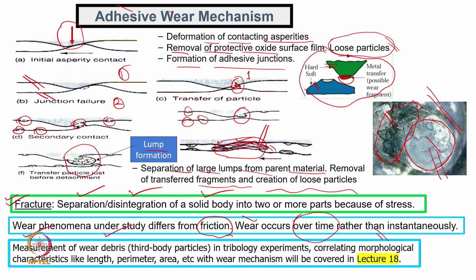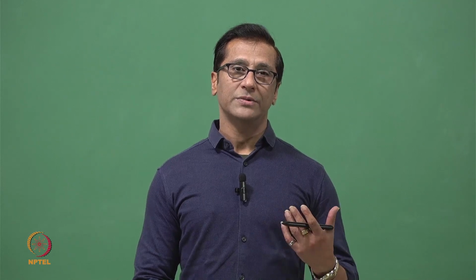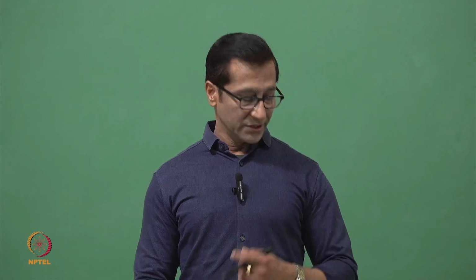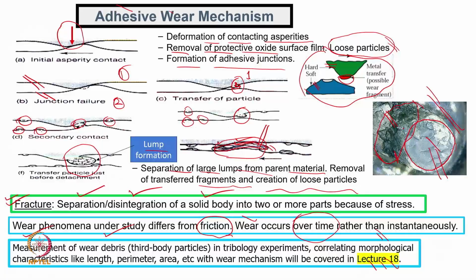There is a lot of commonality, and we need to think about it whenever we do some sort of classification. However, we will be dealing more with wear debris, because it is evidence of what kind of mechanism is really happening at the interface and how we can minimize that wear. That will be covered in lecture 18: measurement of the wear debris.